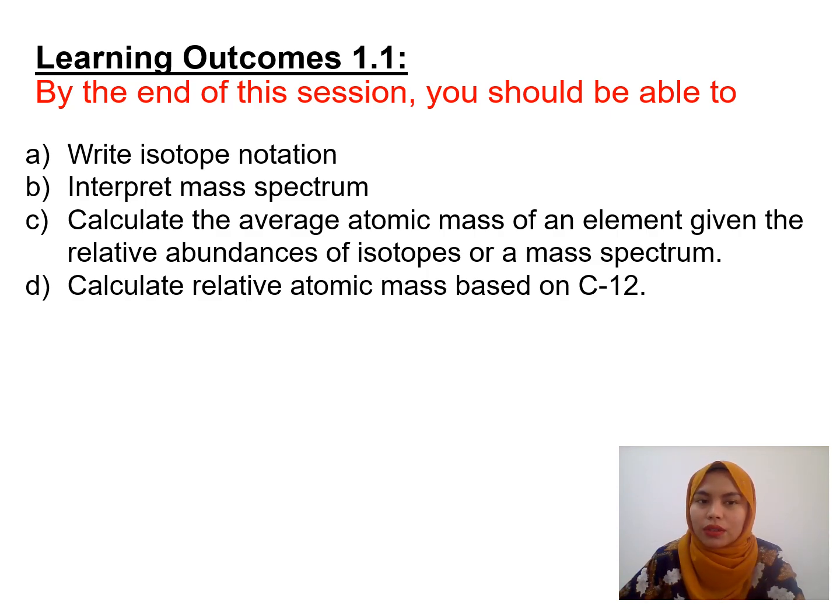To test your understanding, you should go back to the learning outcomes, and if you know how to do all of these, that means you have fully understood subtopic 1.1.